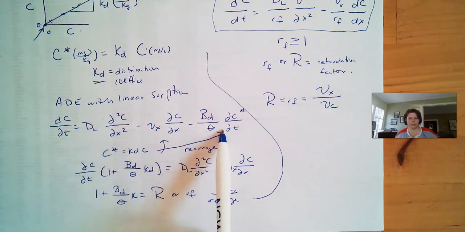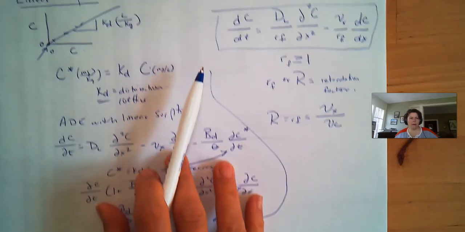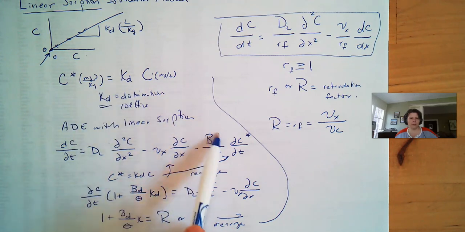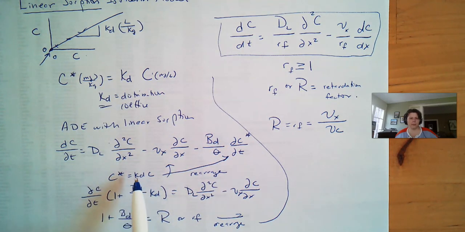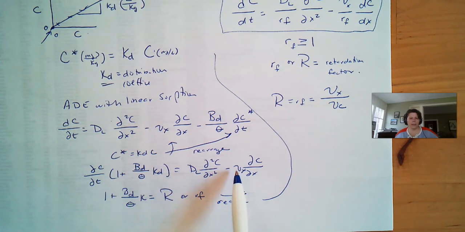So here's our advection dispersion equation that we've seen before. If we substitute in our equation for linear absorption, with our KD, and rearrange the equation, we get this.